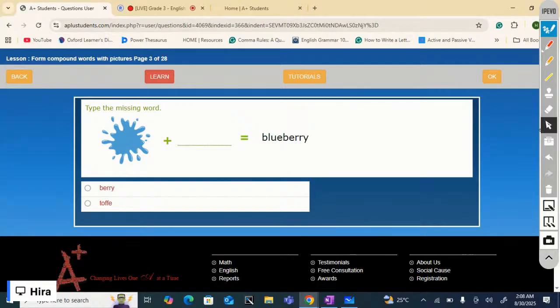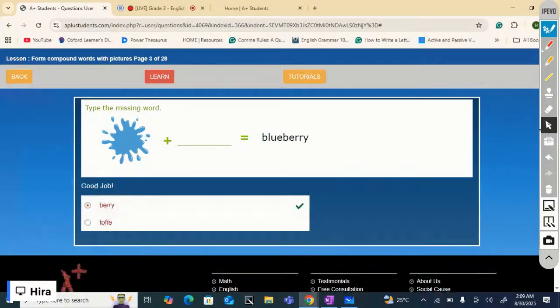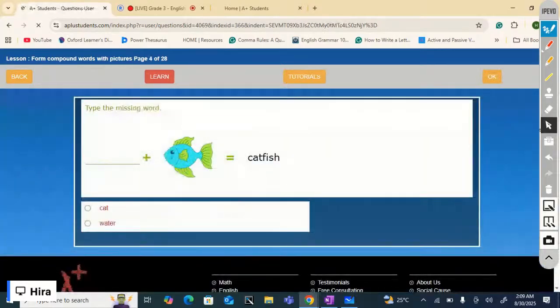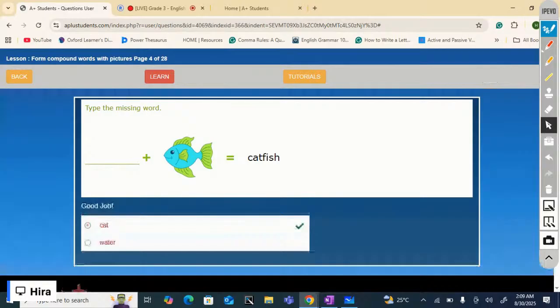We have to select berry because it's the missing word. Now the missing word and fish. Catfish or waterfish? Which one can it be? It's catfish. Catfish is a type of fish.